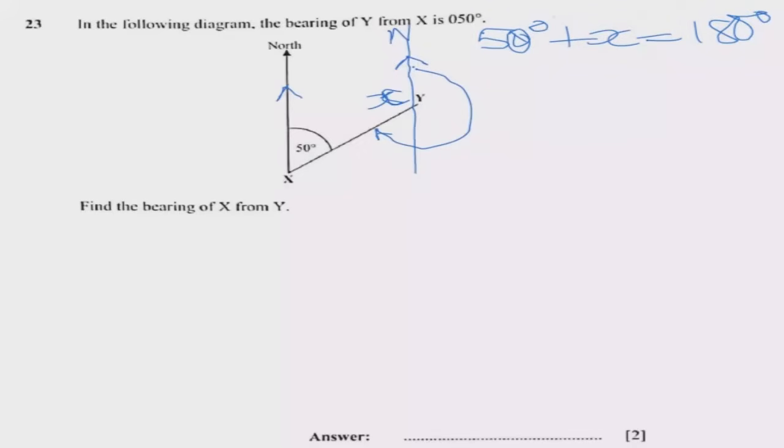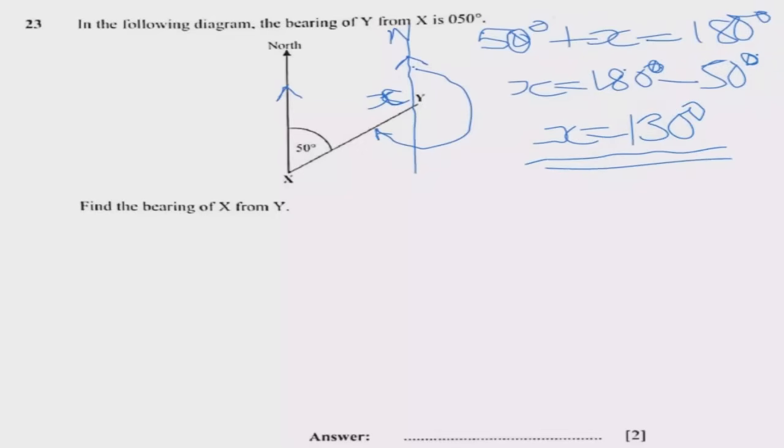So what we do, we put like terms together. So we have x is equal to 180 degrees minus 50 degrees. Then what do we do now? We find the difference. We say x is equal to 180 degrees minus 50 degrees, which will give us 130 degrees. So this is the value of the angle x.